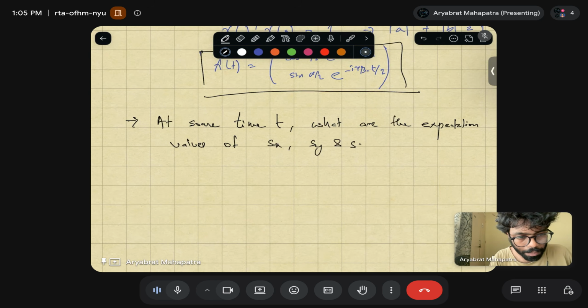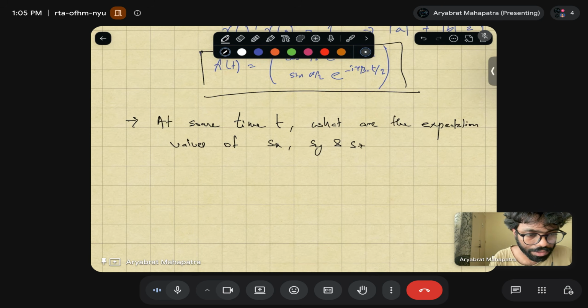The quantum particle which has a spin will have three components. So for all three components, we want to estimate their expectation value at some time t.